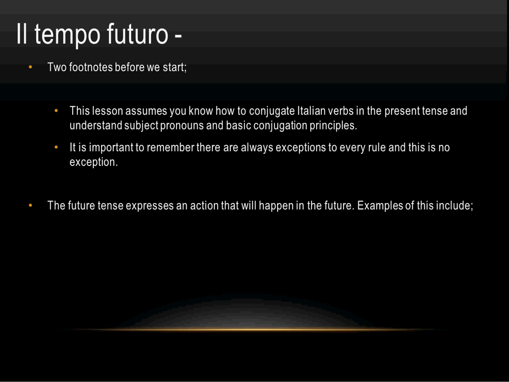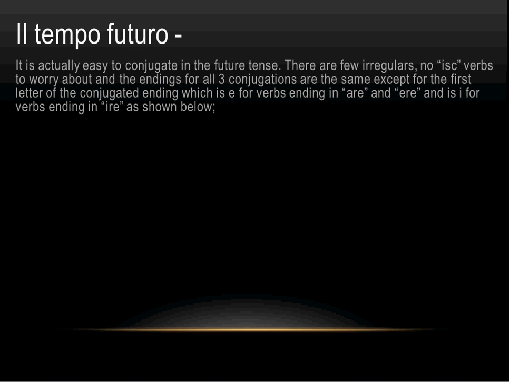The future tense expresses an action that will happen in the future. Examples of this include, in English, I will swim, I will play guitar, I will believe in you, and it will rain. Now, in Italian, it's actually very easy to conjugate in the future tense.